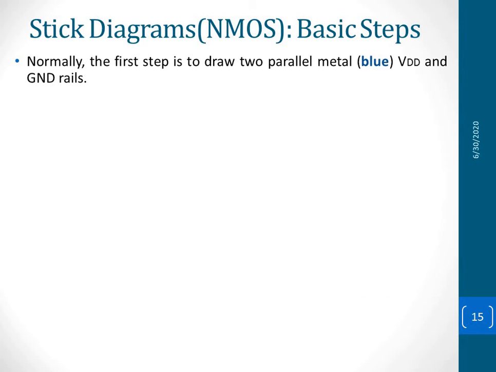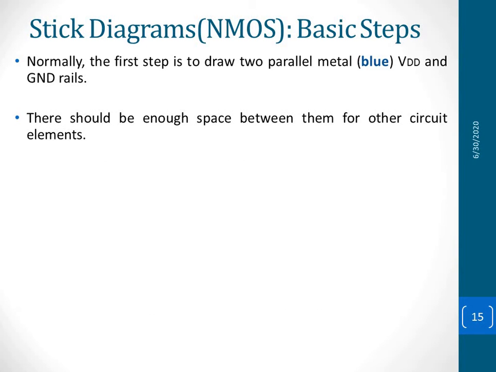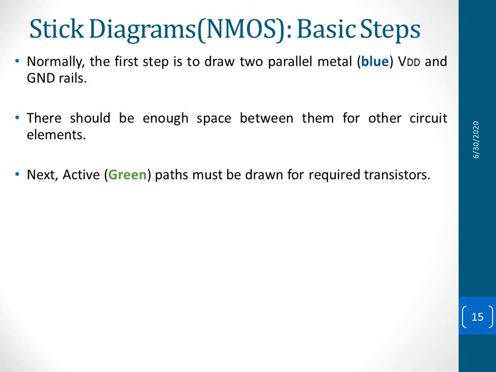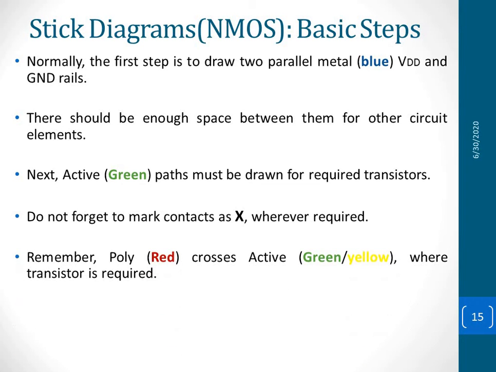What are the basic steps for NMOS? Normally the first step is to draw two parallel metal blue lines which are for VDD and ground rails. There should be enough space between them for other circuit elements. Next, the active region, that is the green parts, must be drawn for required transistors. Do not forget to mark contact as X wherever required.